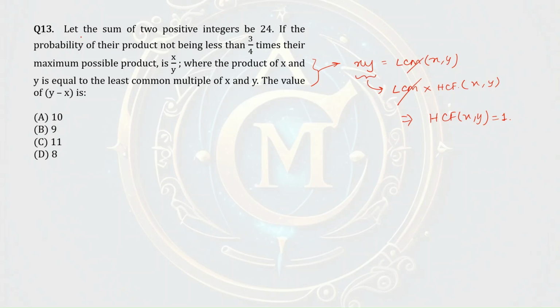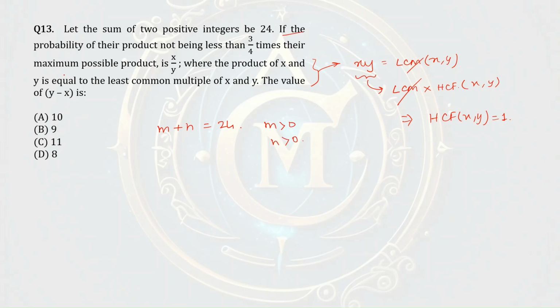Now here the question statement says let the sum of two positive integers be 24. So we can assume those two positive integers as m and n. So m plus n must be 24, and m is a positive integer and n is a positive integer.